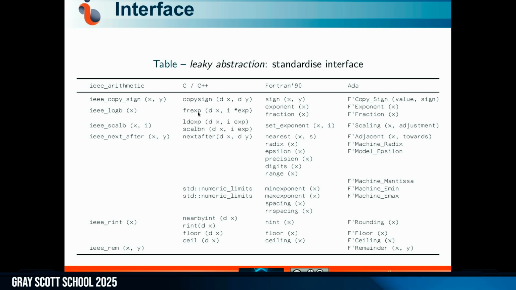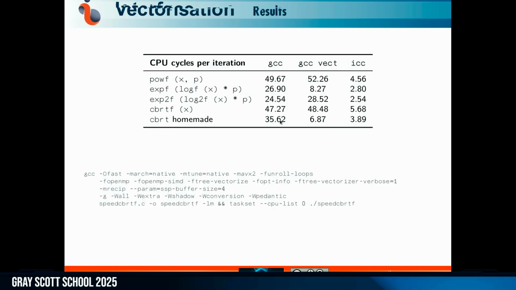So you can see frexp as a getter and ldexp as a setter. In this respect, Fortran provides two different functions, so it should be better, but we will see. And in the end, we had the following result.